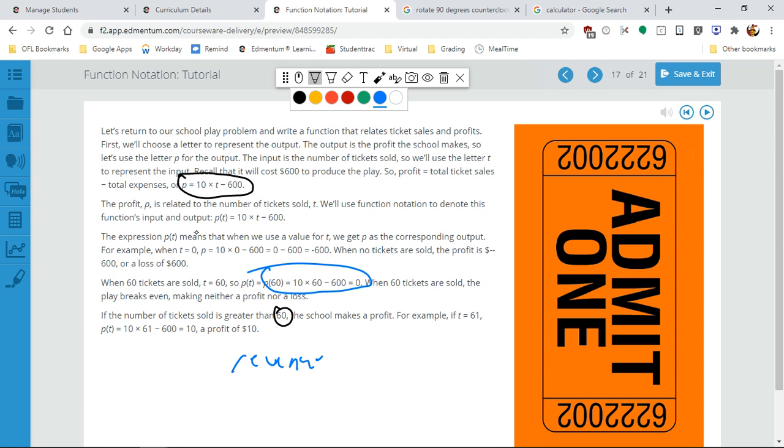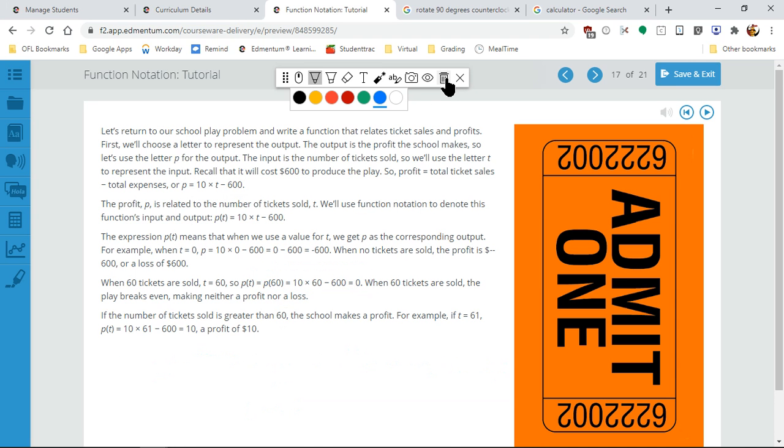Revenue in the business world is known as money coming in, money we're getting. So we want our revenue to equal our cost. That's known as our break-even point. Where these two lines meet, that's known as the break-even point.